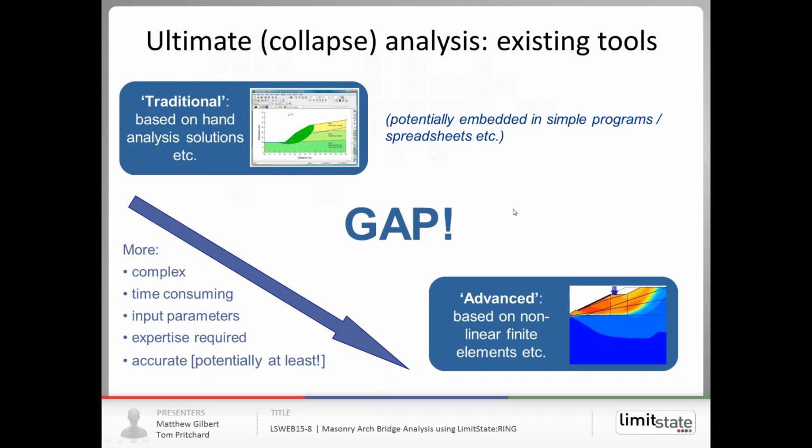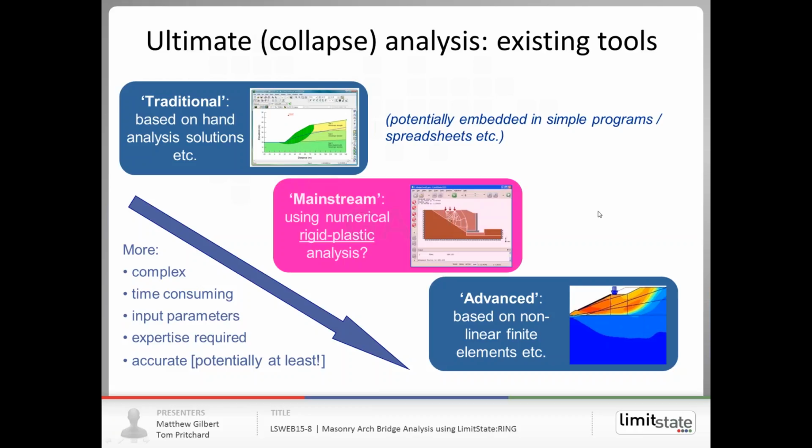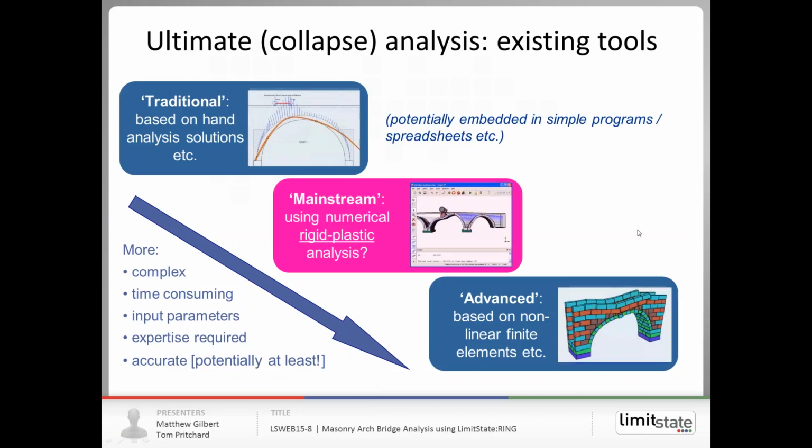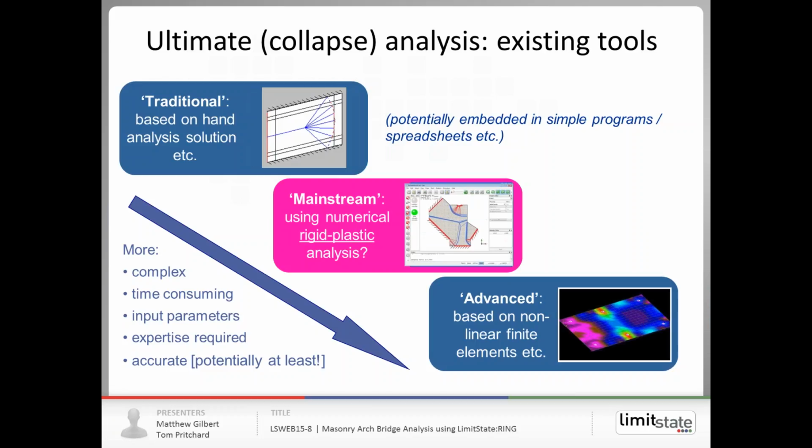So what we're focusing our efforts on is filling that gap with what we would consider to be mainstream tools using numerical rigid plastic analysis. And in terms of applications, we could be talking about geotechnical applications, we could be talking about masonry arch bridges, which is clearly the focus of today, or we could be talking about, for example, reinforced concrete slabs.